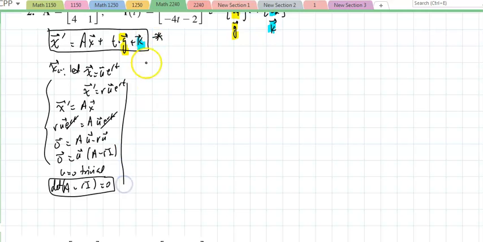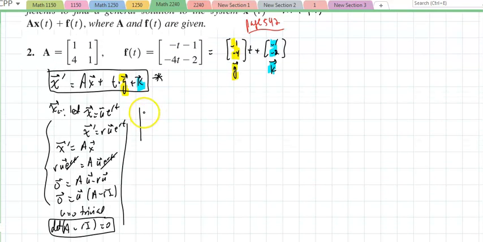The complementary solution, we would say, there's a 1 minus lambda, 1 minus lambda, to equal 0. That is 1 minus lambda squared minus 4 equal to 0. 1 minus lambda squared equals 4. So 1 minus lambda equals plus or minus 2.